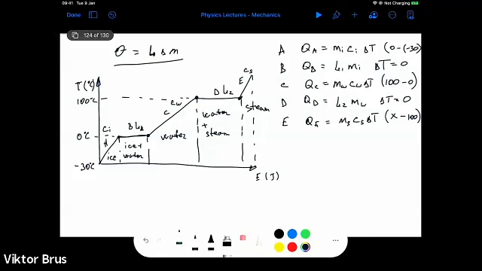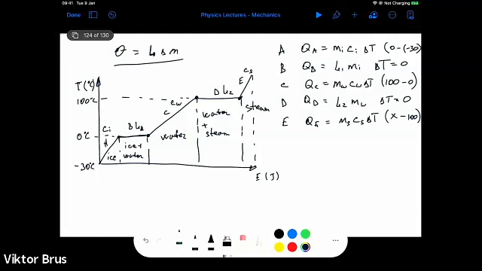Of course, all these specific heat capacitances, latent heats, and temperatures at which phase transitions are observed will be different for different substances. So this particular example is for water.